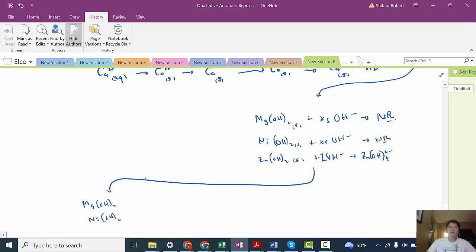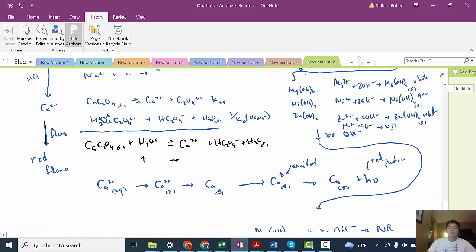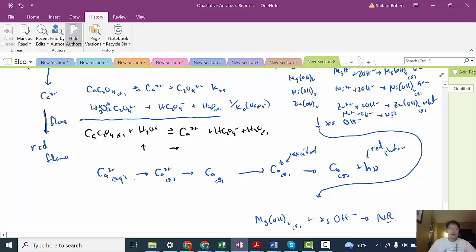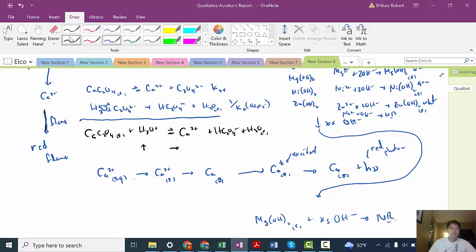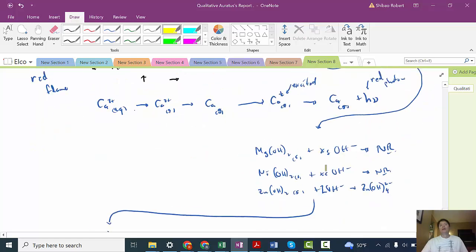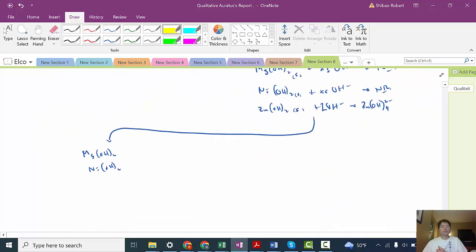So let me complete this up here. This is with the excess hydroxide here. All right, so we took advantage of the hydroxide complex of zinc forming. We can also look at the complexes in Appendix D and see that nickel likes to form an amine complex.